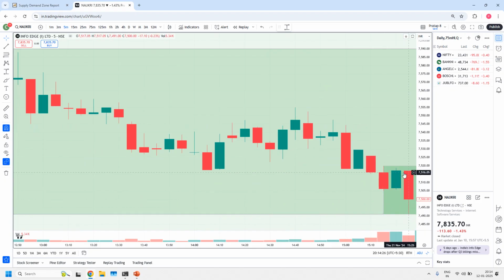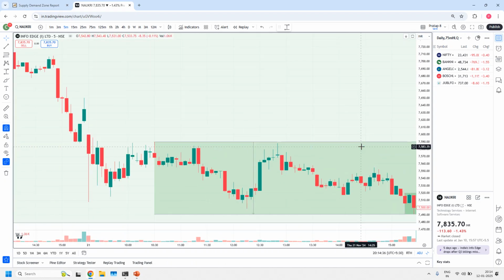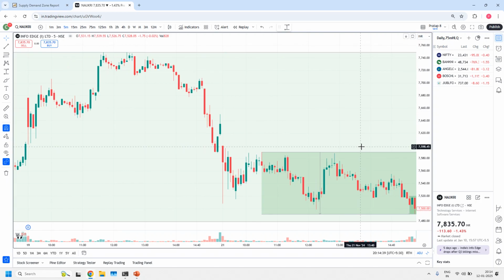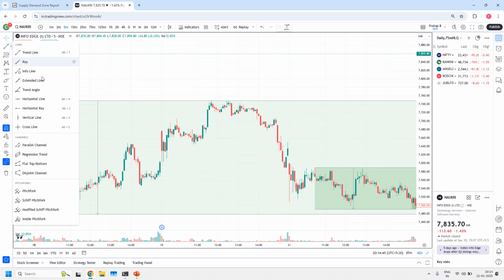And this candle, I am not really happy with this candle. Is it a base candle? I don't think so. So is there any lower time frame origin? Let me look into that. Horizontal line, where is it?